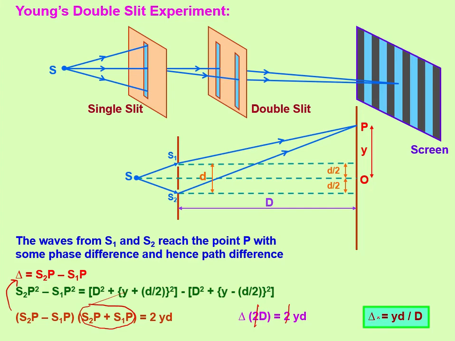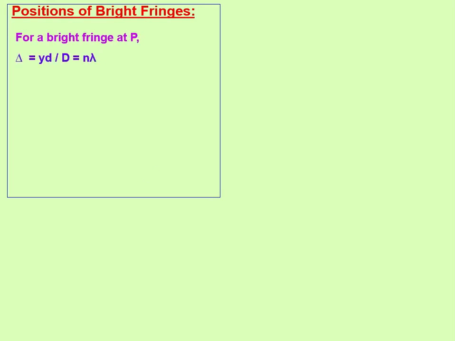We have to consider this path difference for bright fringes, that gives constructive, and dark fringes, that gives destructive interference. See, now for the bright fringes, that is constructive interference, remember path difference is n lambda for constructive interference.